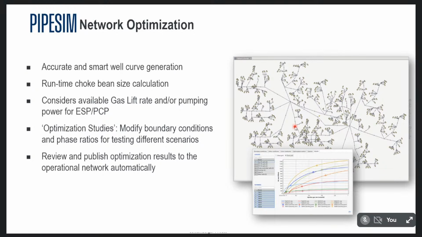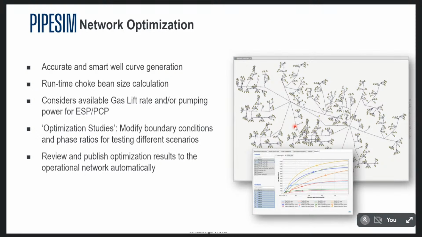We have also Pipesim network optimization, in which you can predict the best optimization scenarios for your system. You can maximize production. You can distribute the right amount of artificial lift quantities, such as pumping power or gas lift rate, into all the wells automatically. And you can calculate the optimum choke settings for all the wells, and you can put constraints.